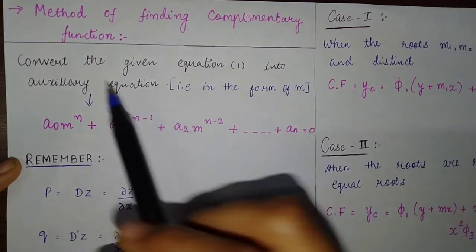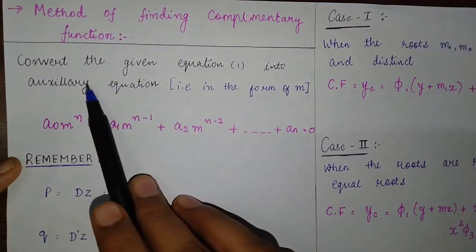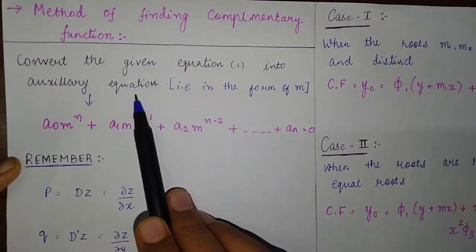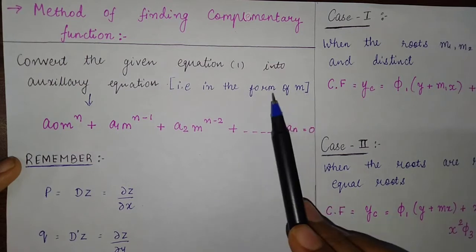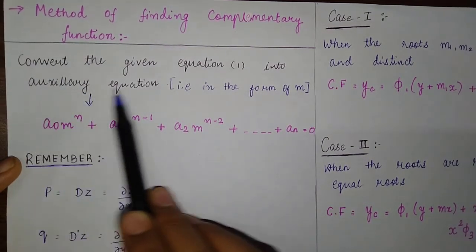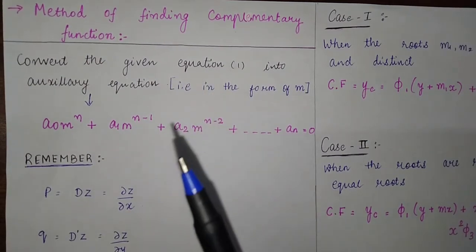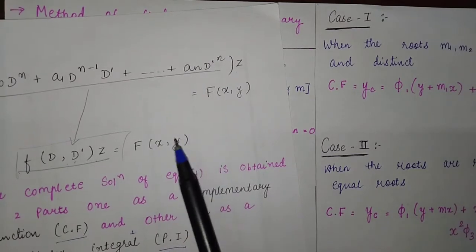Okay. So how to find the complementary function? The first step is you have to convert the equation into the auxiliary equation, that is in the form of m. It means that you have to convert equation 1 into the auxiliary form.